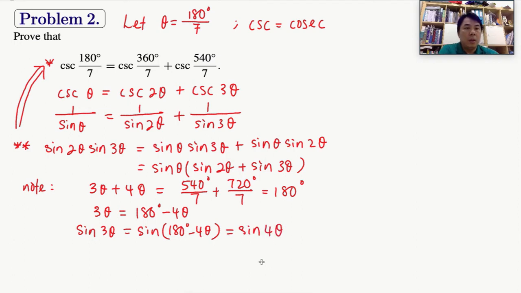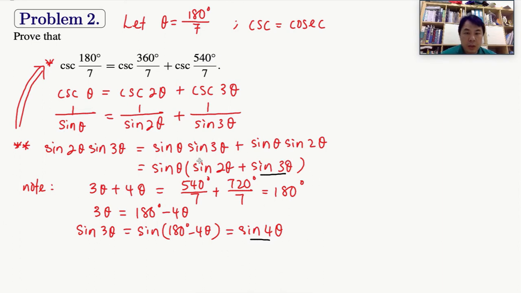Now, you can actually prove this using the compound angle identity, or you can make use of your understanding of the second quadrant. Sine would also give the same result. Right? So no matter how, you should be able to reach this result here. Okay, so why is this important? Because we have sine 3 theta here. So sine 3 theta is indirectly the same as sine 4 theta.